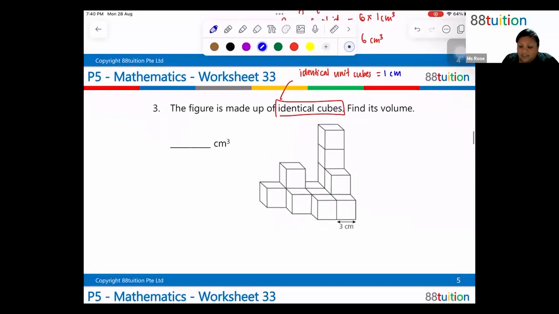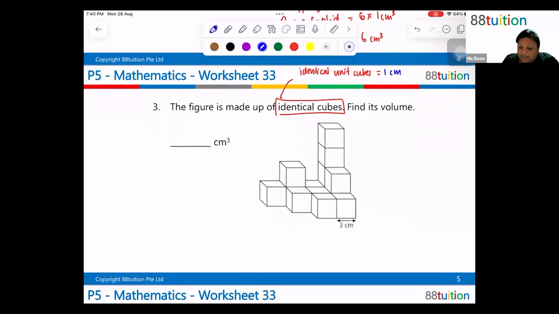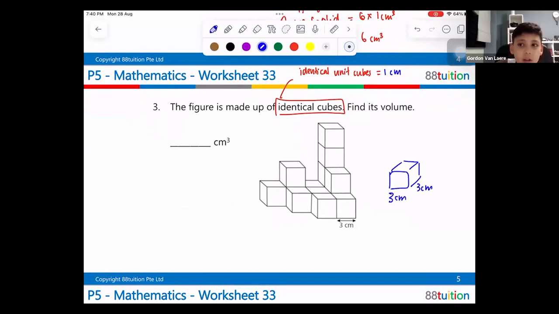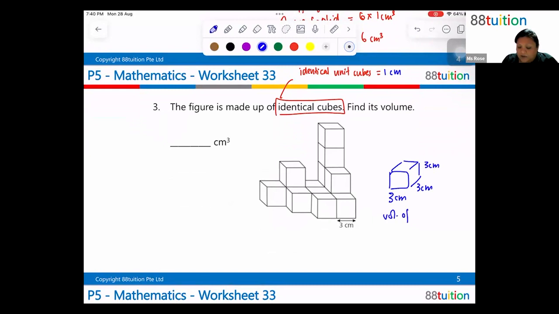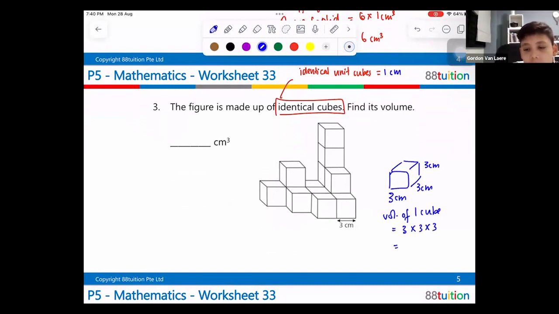Now, in this case, it says here, the length of each cube is 3 cm. So in this case, what's the volume of one cube? 3 times 3 times 3 would give you 27.